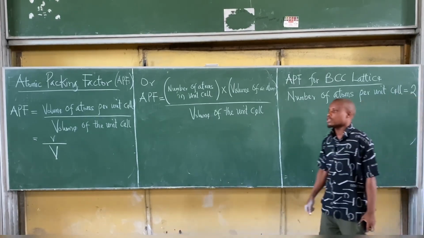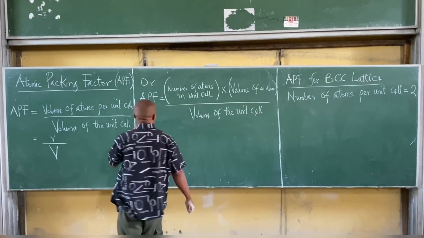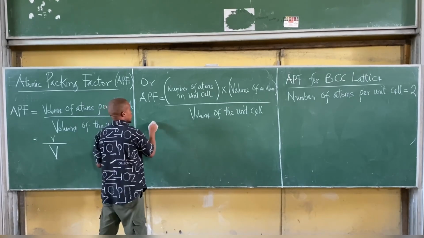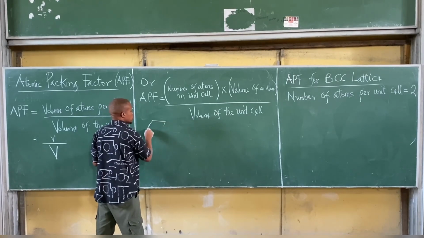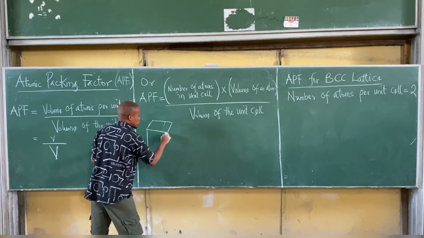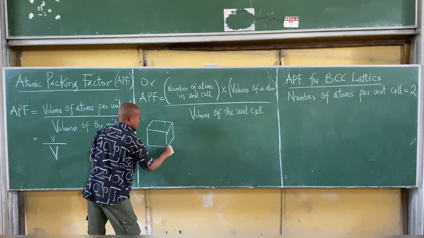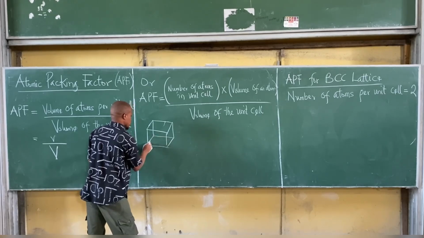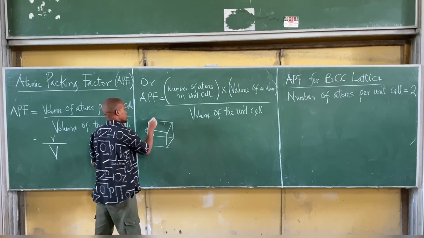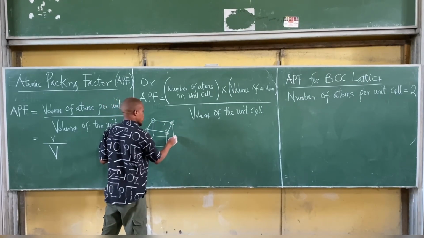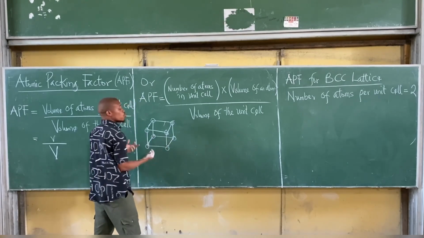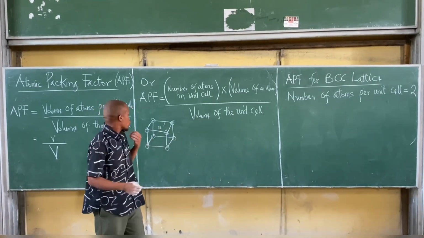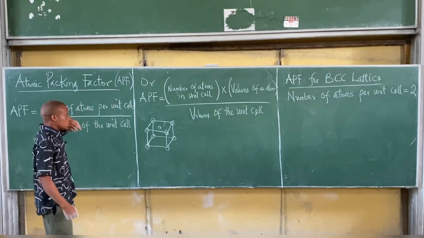How did we get that? Recall that for a BCC structure, body-centered structure, the unit cell is a cube where the atoms are at the corners, and one in the middle of the unit cell.